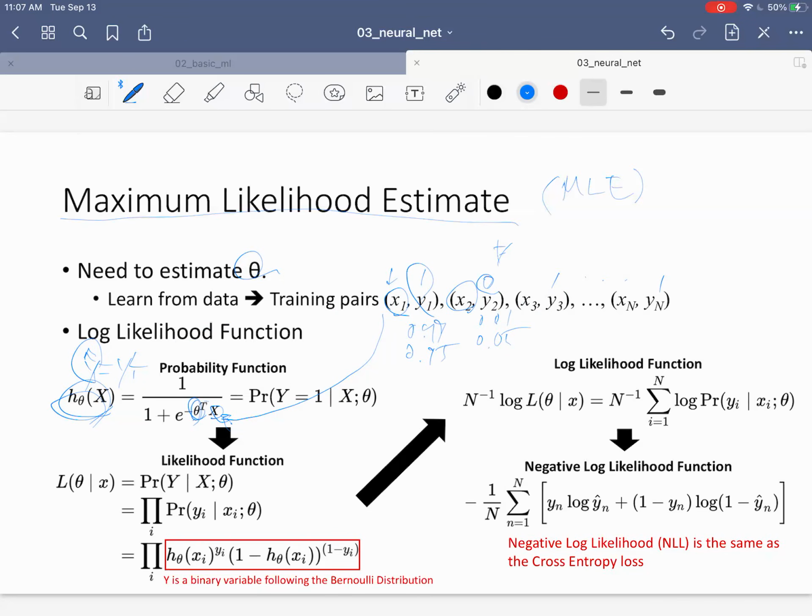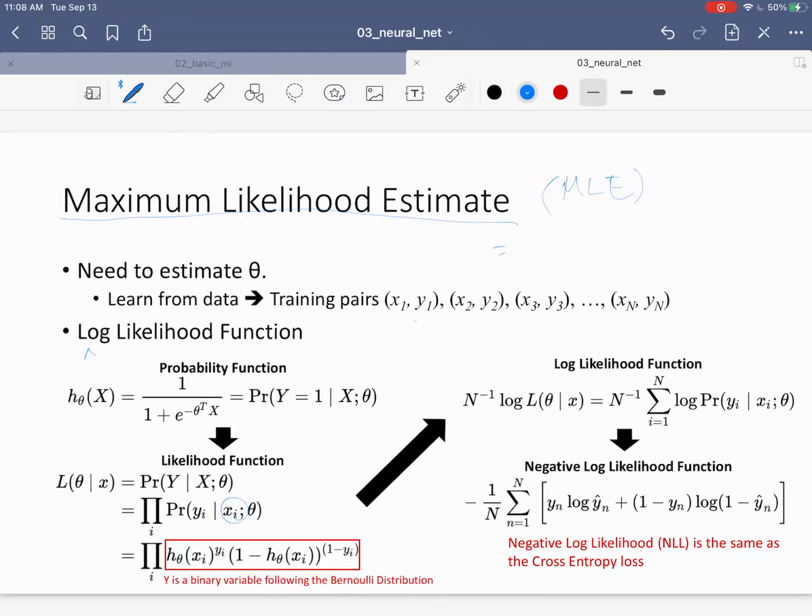So you want your theta to behave like that. And the way we do it is we first put x1 and y1 into the function, x2, y2 to the function, x3, y3 to the function.